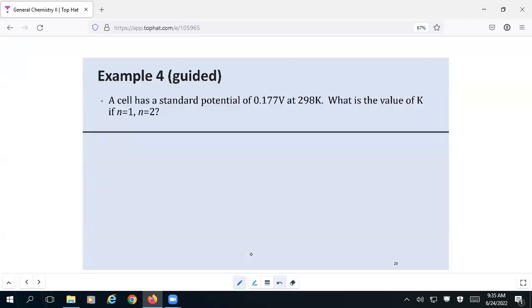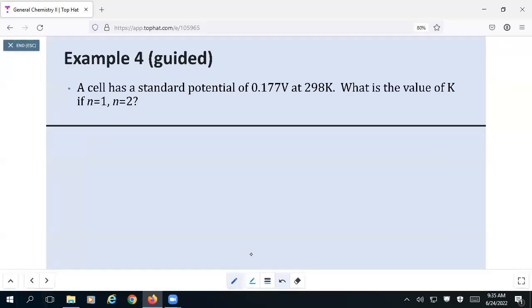So let's take a look at an example problem. We have a cell that has a standard potential of 0.177 volts at 298 Kelvin. What is the value of the equilibrium constant K if n is equal to 1 or if n is equal to 2? So we are looking at the relationship between E and K here.